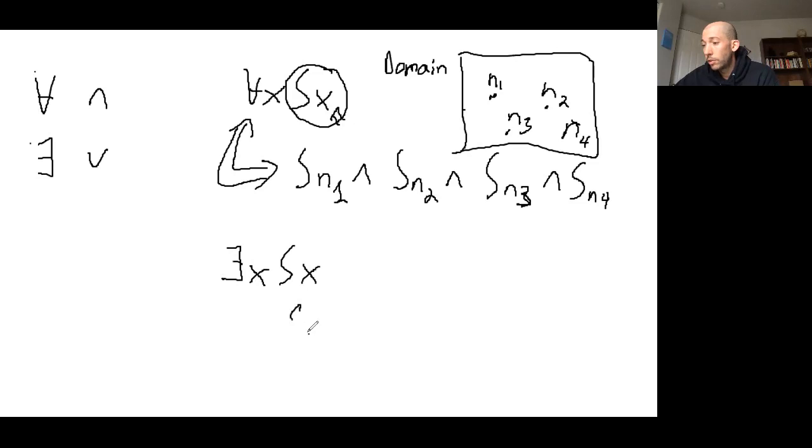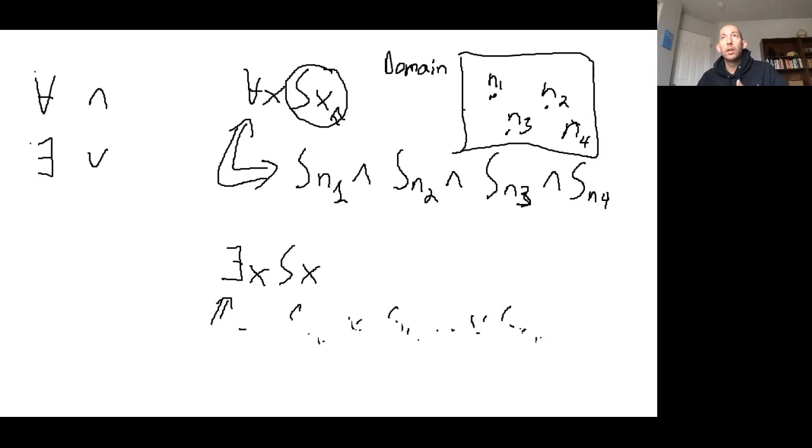So this will be S of n1 or S of n2, and then in this particular domain, it'll go up through S of n4. Again, this existentially quantified sentence is equivalent, in this particular domain, to a disjunction.